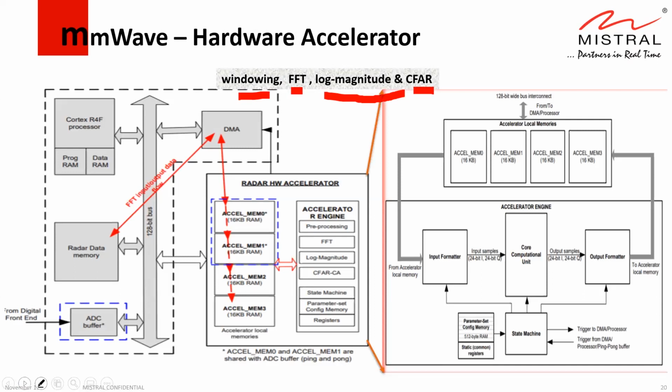The DMA engine drives the data to the accelerator engine, where the different accelerator functions are performed. The input is formatted the way the computation engine requires. The output is formatted and given back to the buffer where you can do the processing.